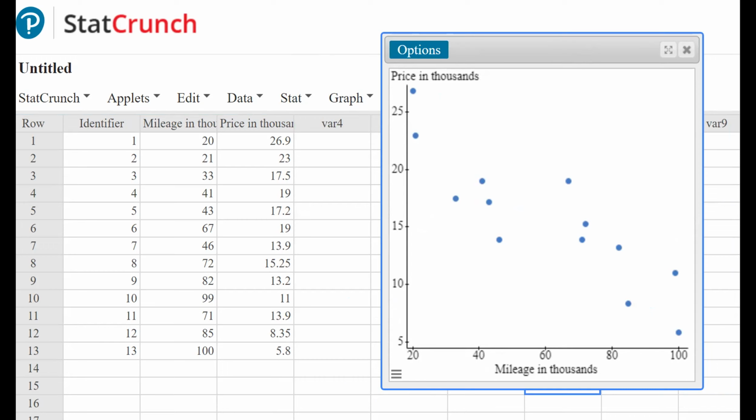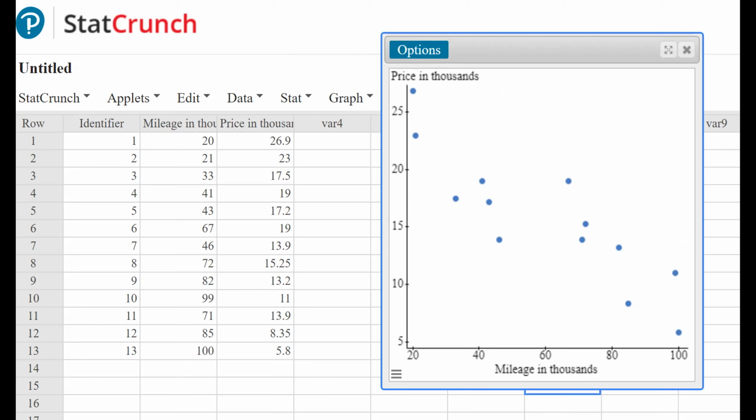Usually what we're going to do later in this course is look at the scatter plot and see if we notice any patterns. Is the data linear? Does the line go down or go up? That sort of thing, and how strong an association is.